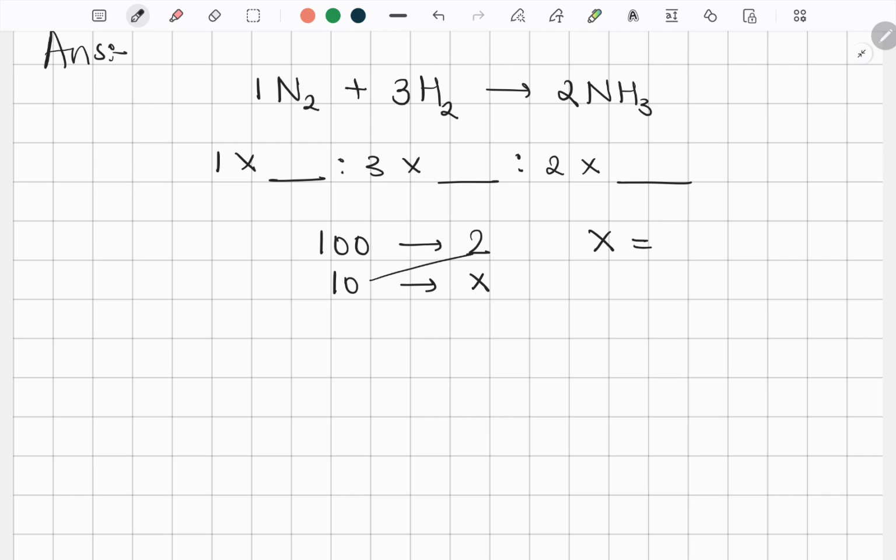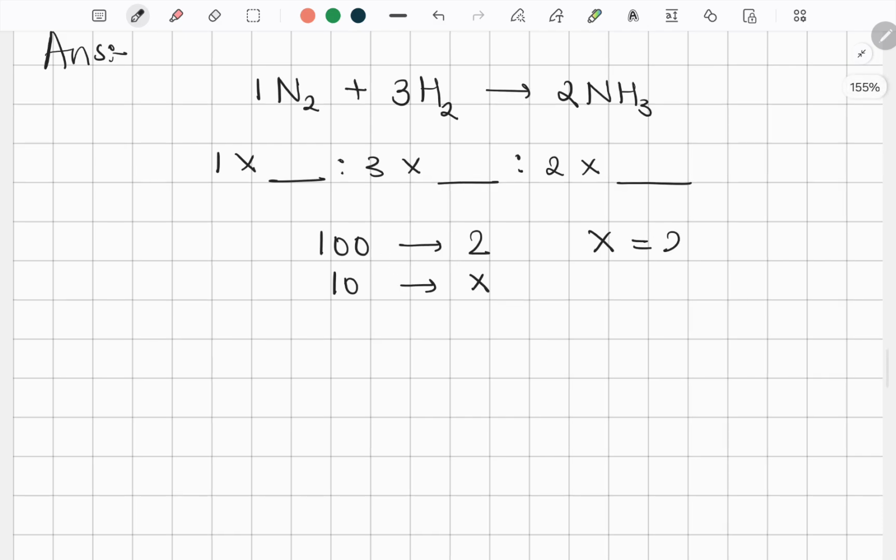X will be 10 divided by 100 times 2. So in the numerator it would be 2 into 10, and in the denominator it would be 100. So 2 by 10 is nothing but 0.2. So when only 10% reaction takes place, 0.2 liter of ammonia gets formed.